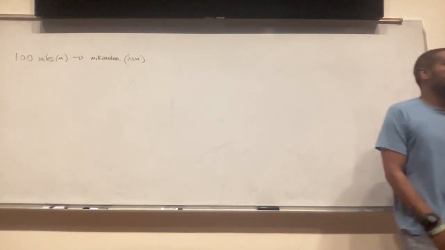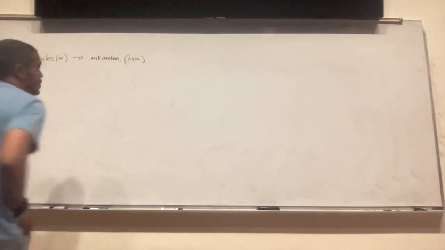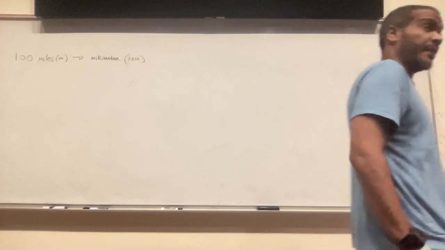You go to meters first. Yeah, that's what I'm trying to do. And then we can go a number of ways. I'm going to show you the way in which I want you to go, and there's a reason why I want you to go this way.